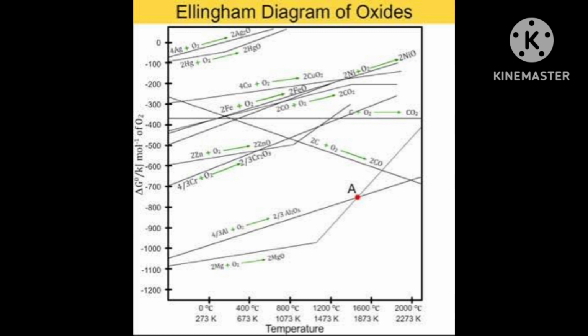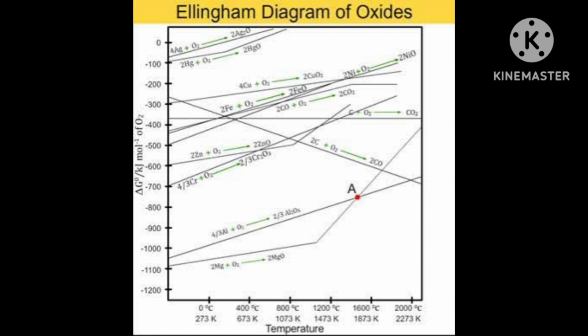Change in phase means, suppose, solid converting to liquid or liquid converting to gas. That is called change in phase. Only at that time it will not be a straight line. Otherwise it will be a straight line.